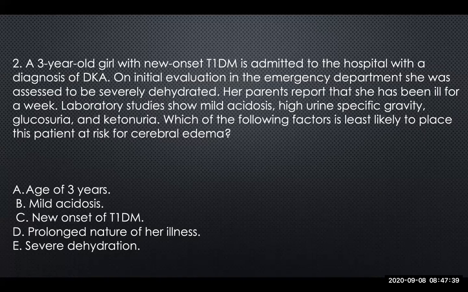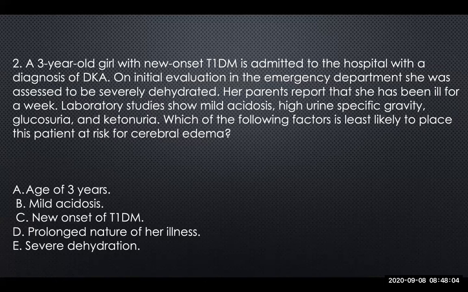I can read. A 3-year-old girl with new onset type 1 diabetes mellitus is admitted to the hospital with a diagnosis of DKA. On initial evaluation in the emergency department, she was assessed to be severely dehydrated. Her parents report that she has been ill for a week.